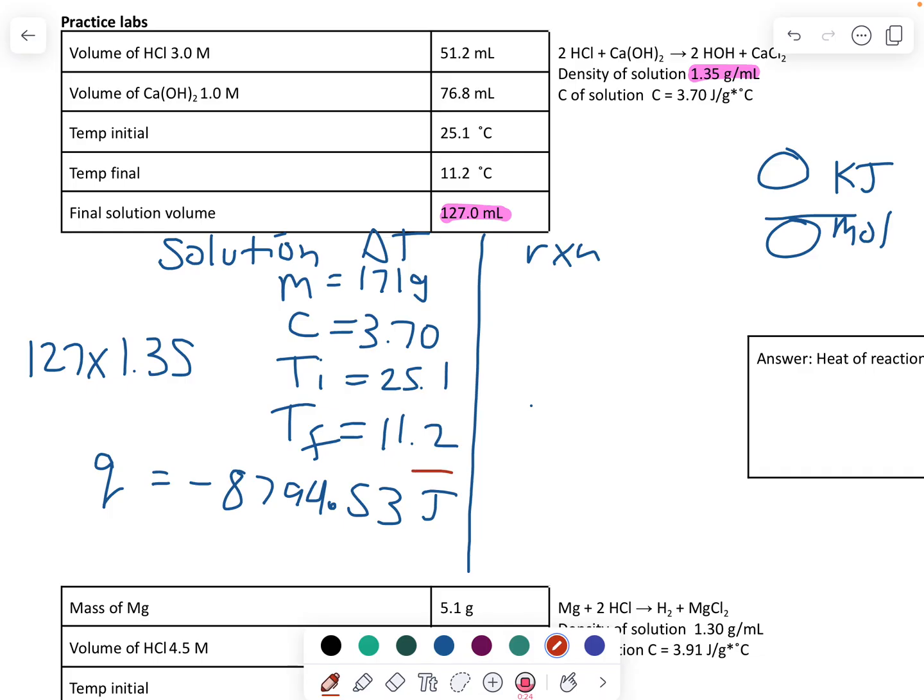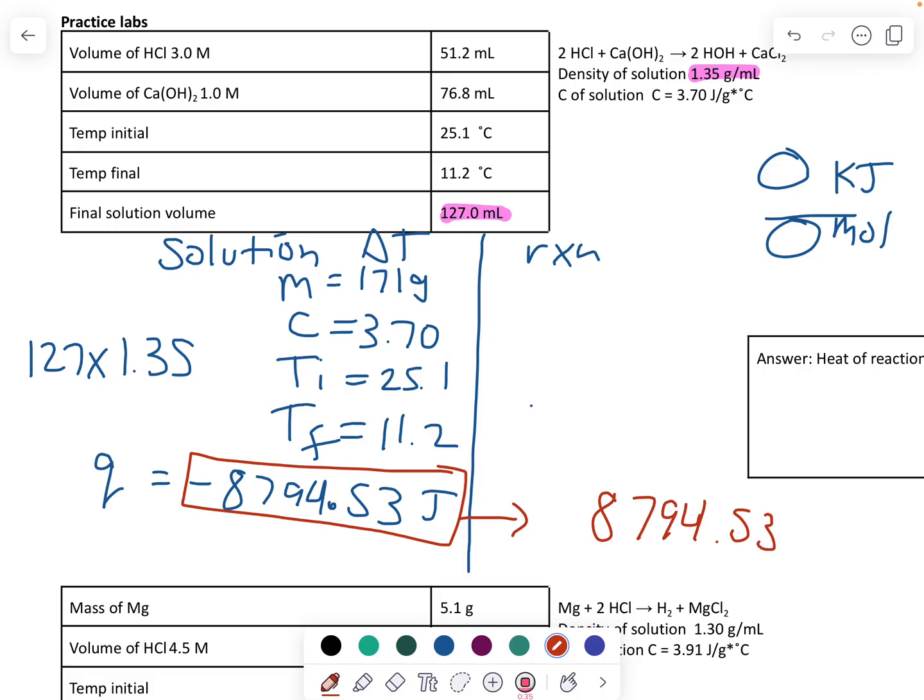When you calculate an energy that the solution either gained or lost, the assumption is then that is the amount of energy either gained or lost by the reaction, which means it's an opposite sign. So in this problem, my water lost 8,794 joules with that negative sign, which means my reaction gained it, okay?